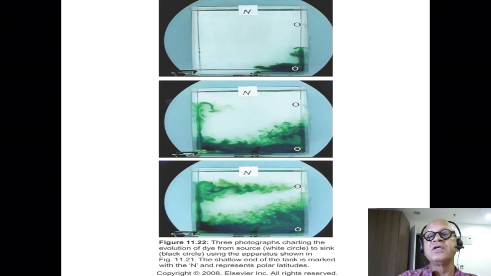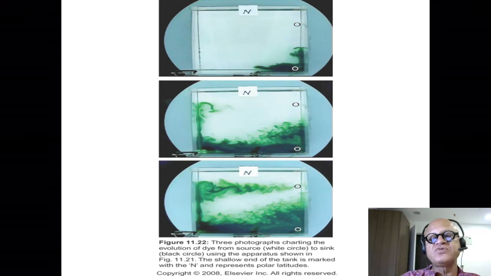So here there is a sink and there is a source, so the water is being introduced here and being taken out here. So there is no changing of the height of the water level other than the slope of the bottom itself. So you're still creating the Taylor column height changes.